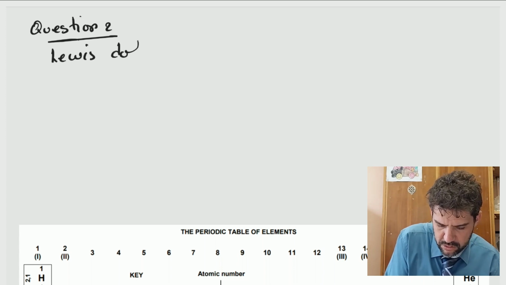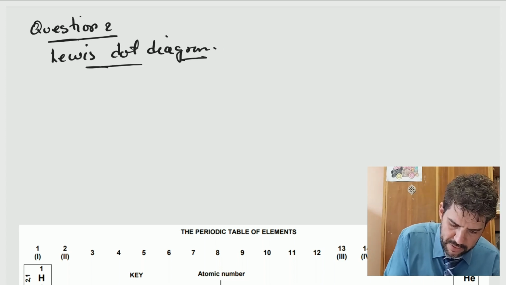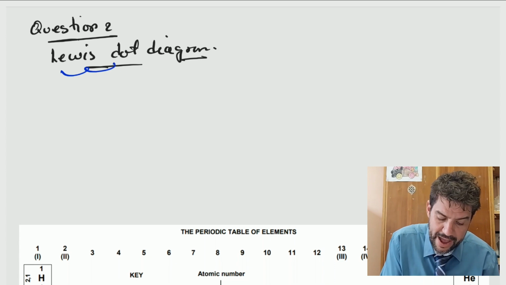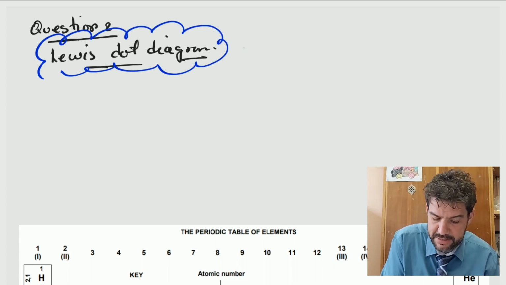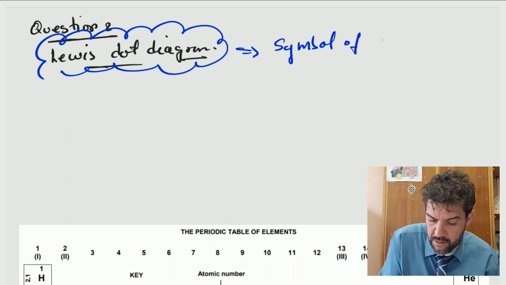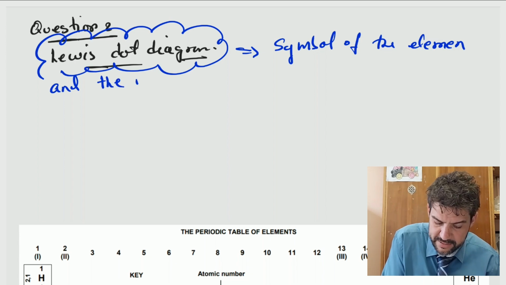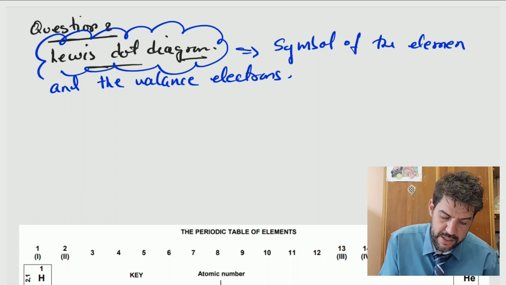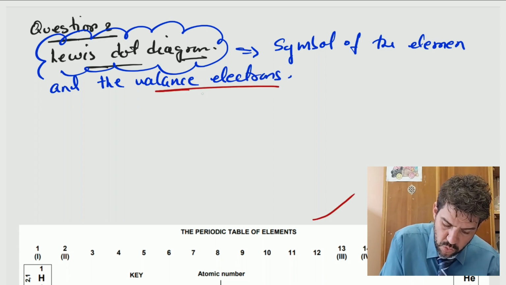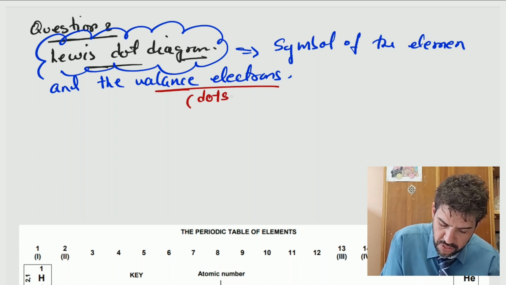In this diagram, what you are going to have is the symbol of the element and the valence electrons. The valence electrons are going to be represented with dots. Okay, so that is important to remember.